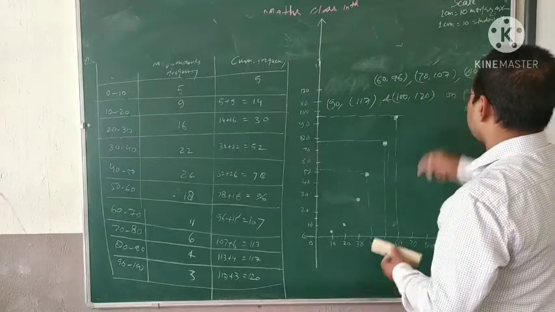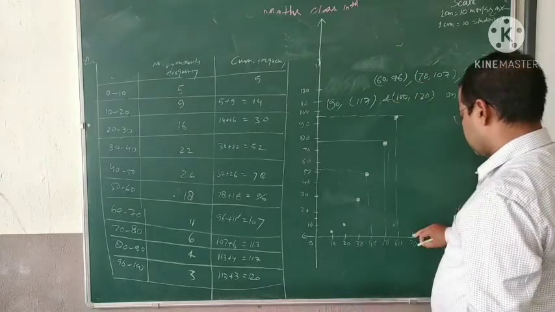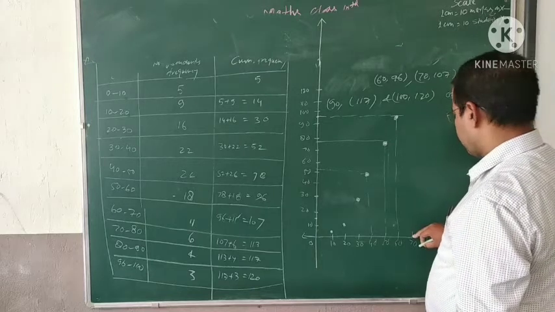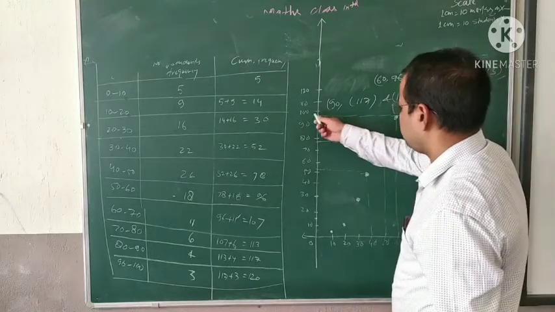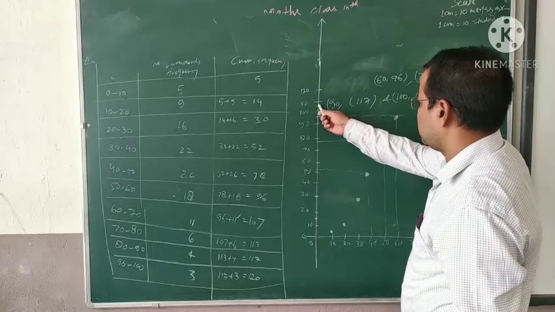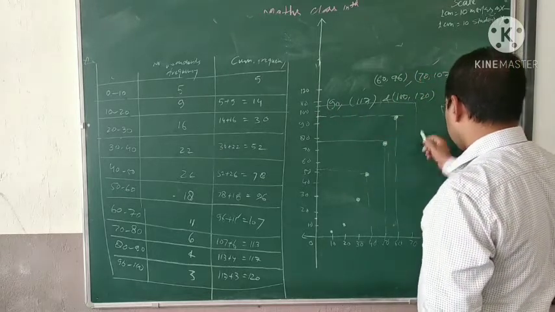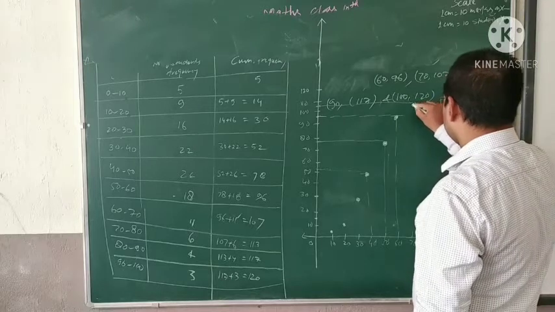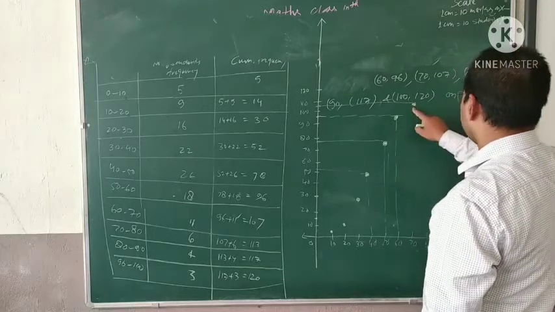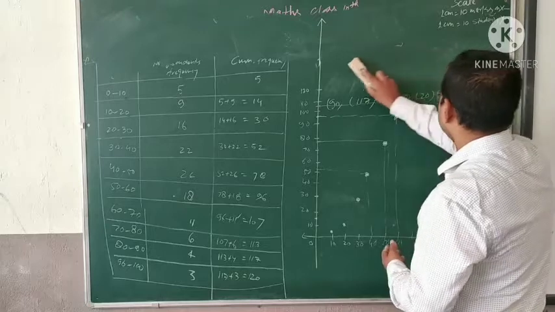Now 70 and 107. 107 will be just above 100, and the point will be near about here. 70 and 107, done.